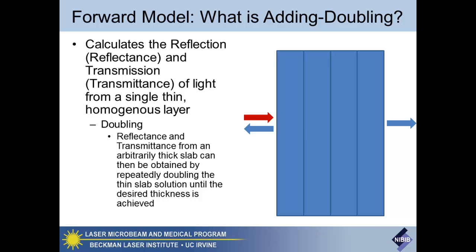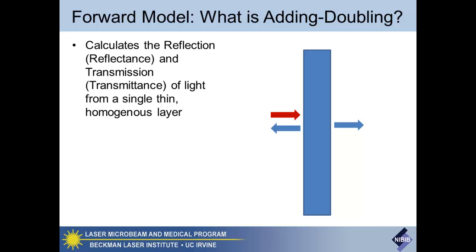When we refer to doubling, why it's called adding doubling, doubling is the property of this particular model where if you have an arbitrarily thick sample, you can use a thin slice and propagate that for any arbitrary thickness. So you can perform a forward model calculation for a thin sample with absorption, scattering, anisotropy, and then double it, essentially, to any arbitrary thickness that you want.